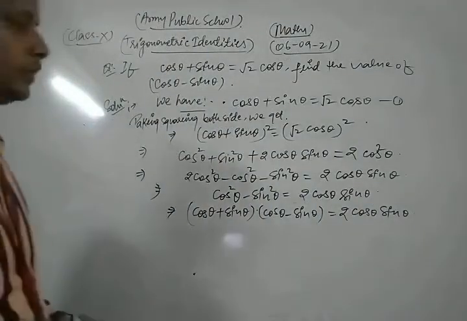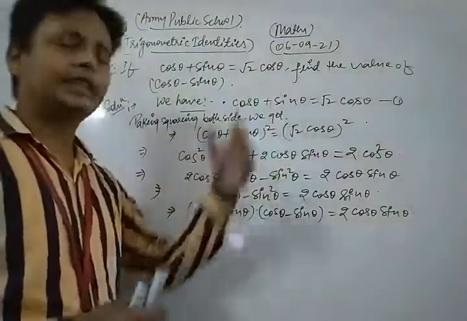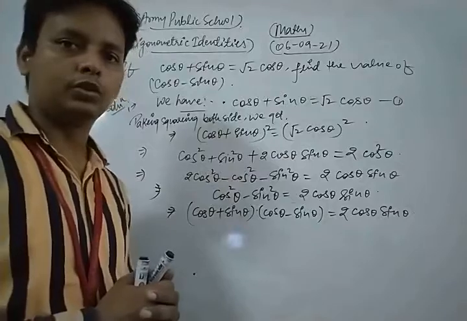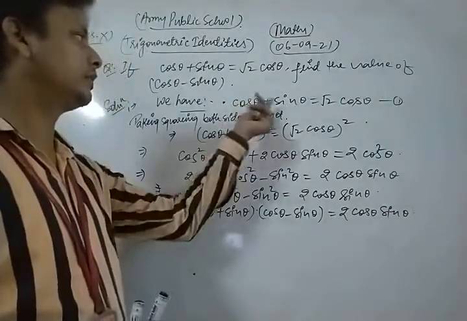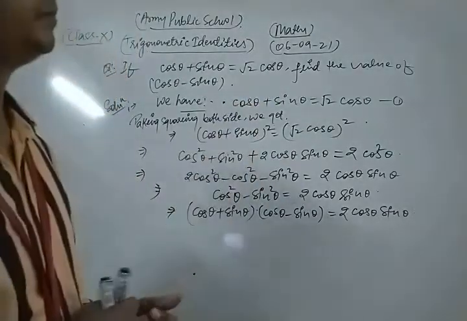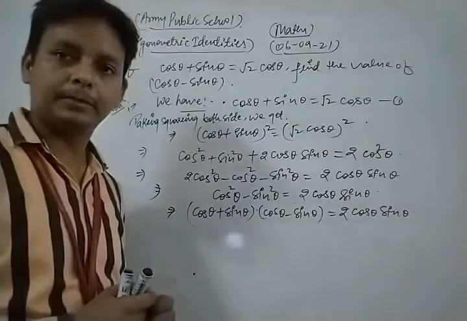Now look, using equation 1, the value of cos theta plus sin theta is equal to what? This is under root 2 cos theta.